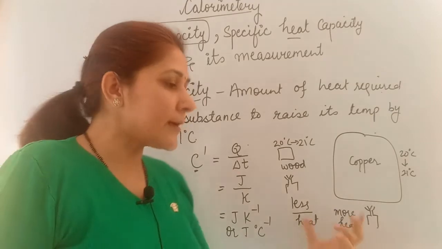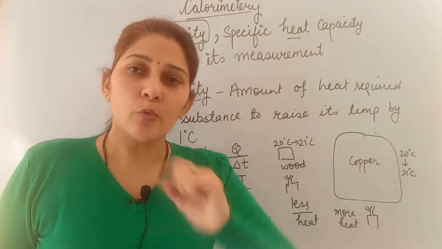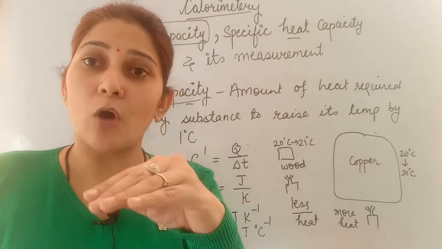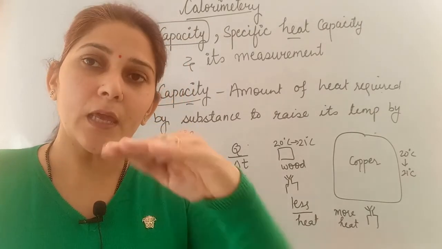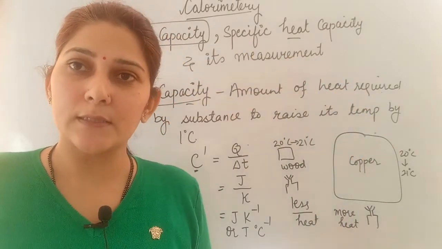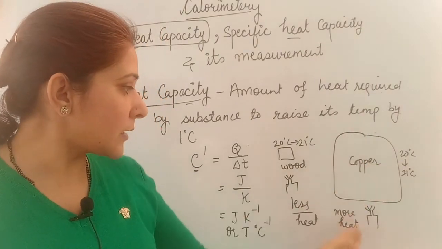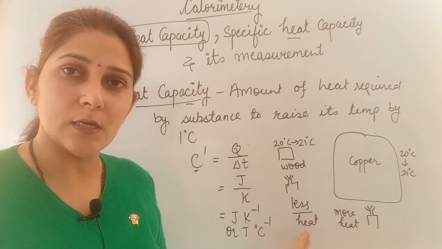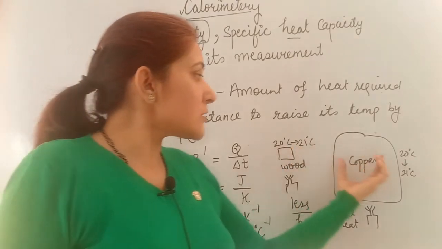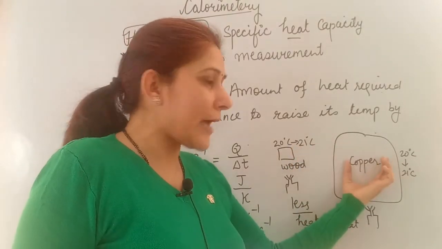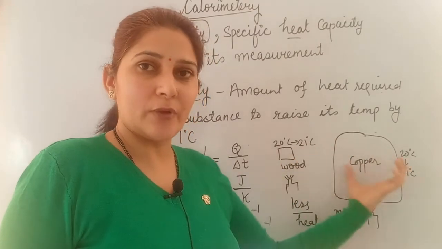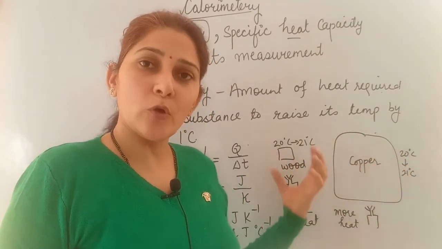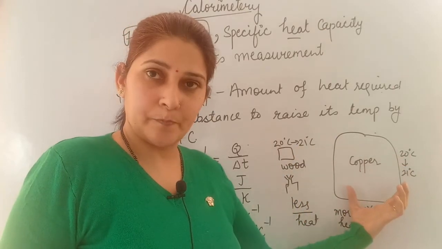Then this is a contradiction to what I told you earlier. I told you that conductors absorb less heat and are able to show the rise in temperature. But here this conductor is absorbing more heat and the insulator is absorbing less heat. Why so? Because the sizes of this insulator and conductor are not similar. I am not talking about the same size, not the same mass, right?